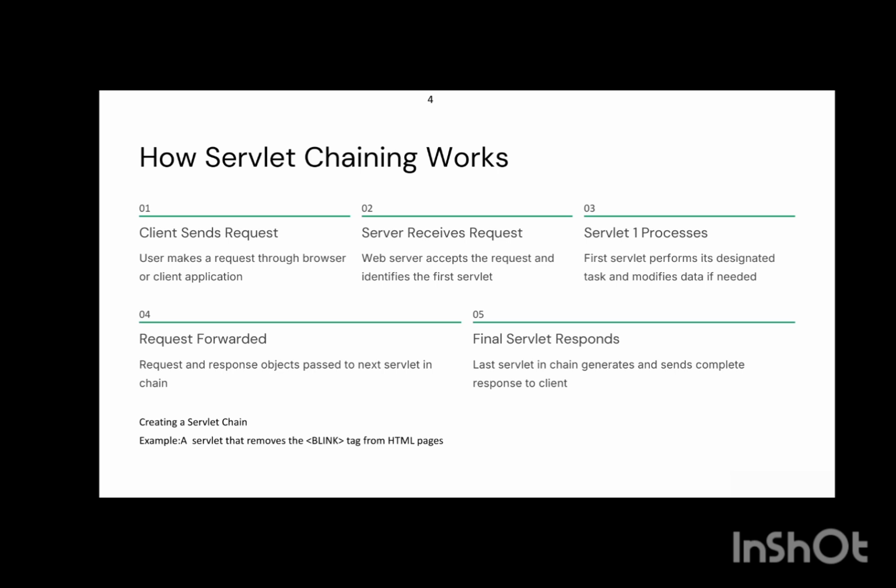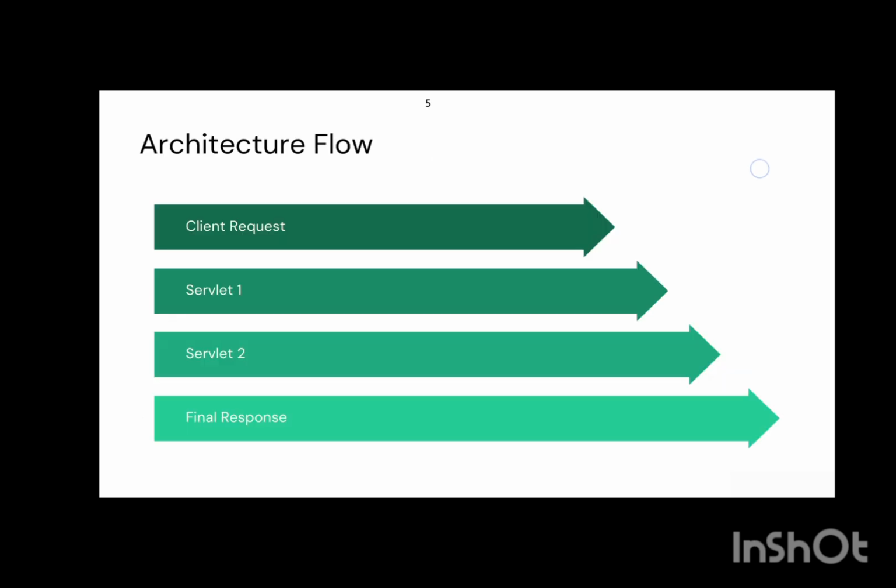Then the request and response objects are forwarded to the next servlet. The next servlet continues processing. Finally, the last servlet generates the final response and sends it back to the client. This creates a smooth sequence of processing stages.